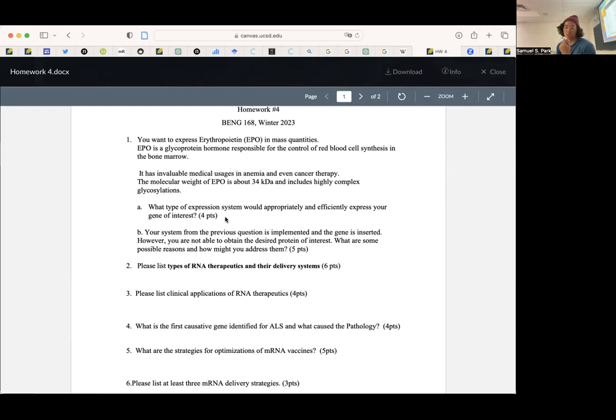So when it includes a high complexity of glycosylations, would a bacteria be able to handle that? It would be too complex and the bacteria wouldn't be able to do it effectively. So it's easy, but that's one drawback of using bacteria. It seems like you have a good understanding of that. I think that's what she would want.